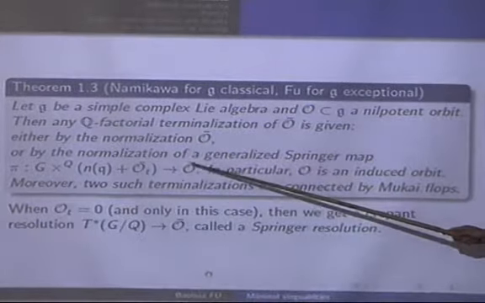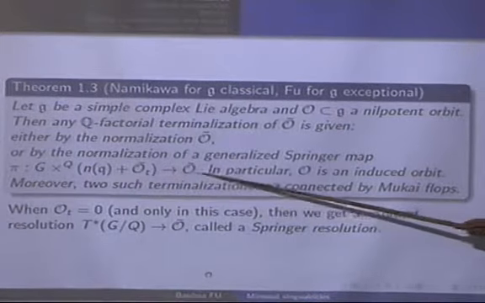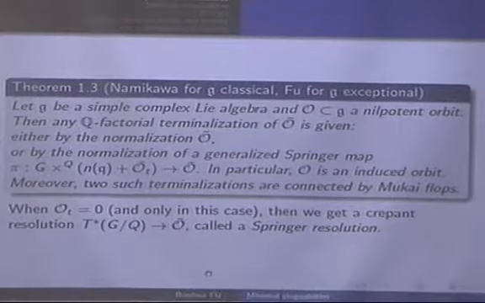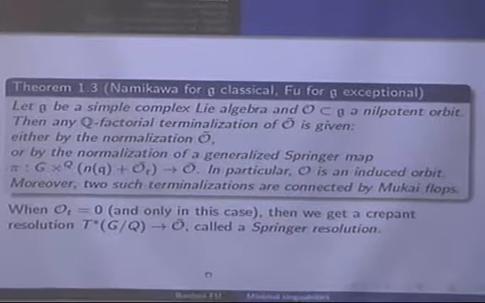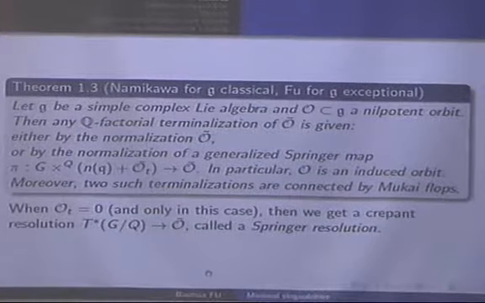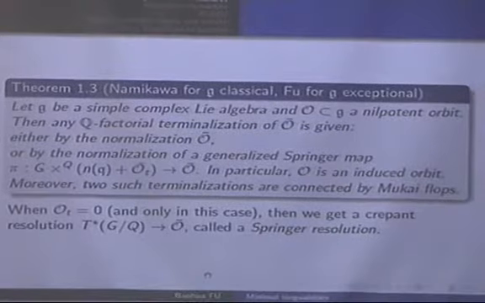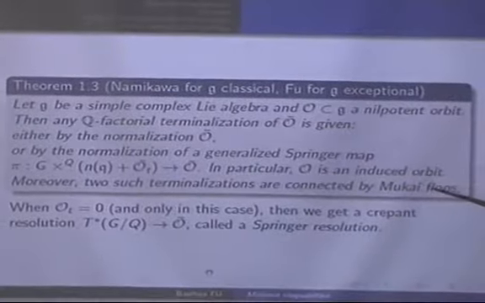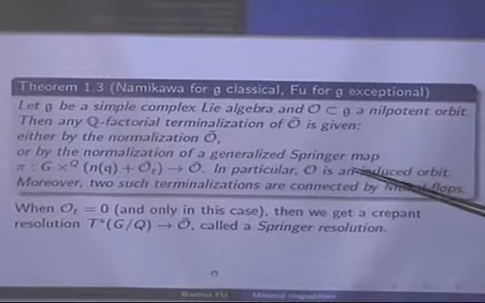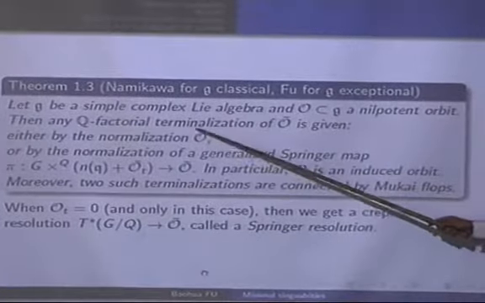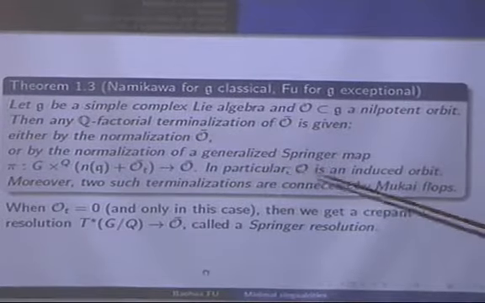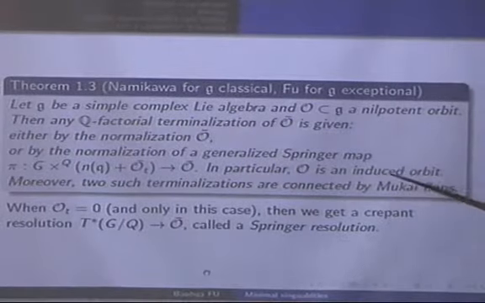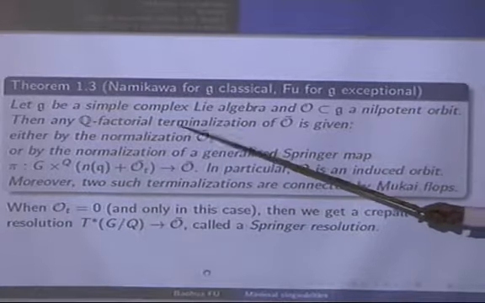The other way is to take the normalization of a generalized Springer map. In particular, this requires that the map is birational, and this shows that O is an induced orbit. So the normalization always gives a Q-factorial terminalization, but there are also some induced orbits whose normalization is Q-factorial terminal.